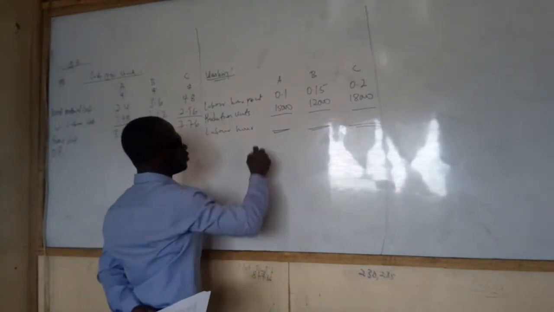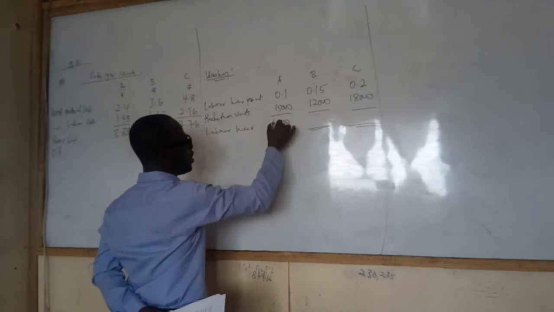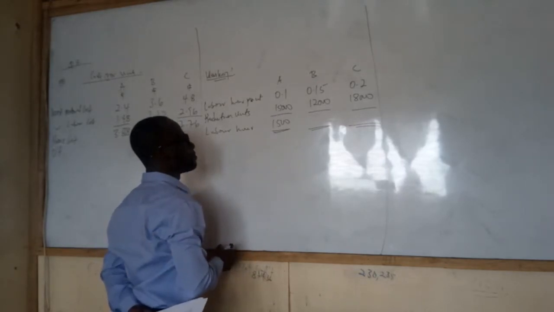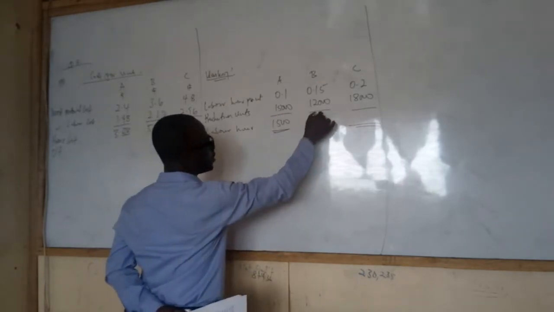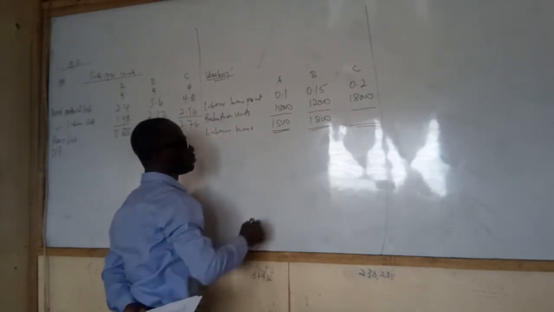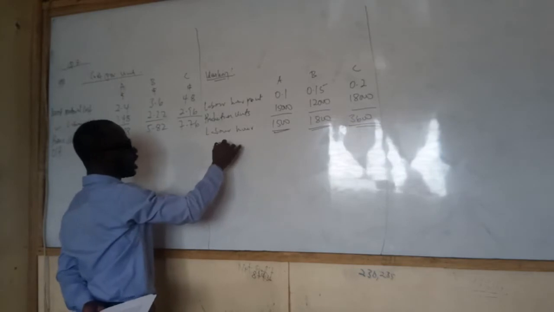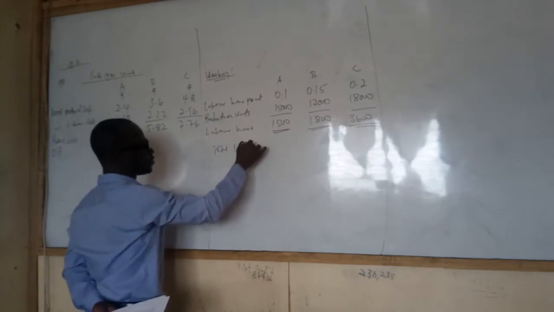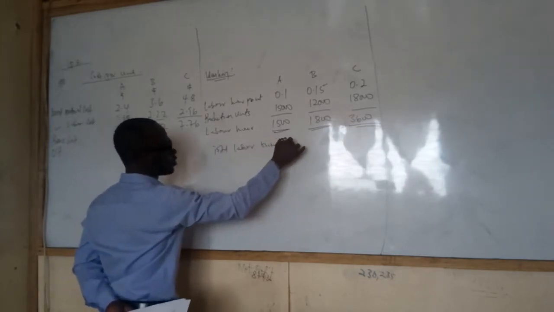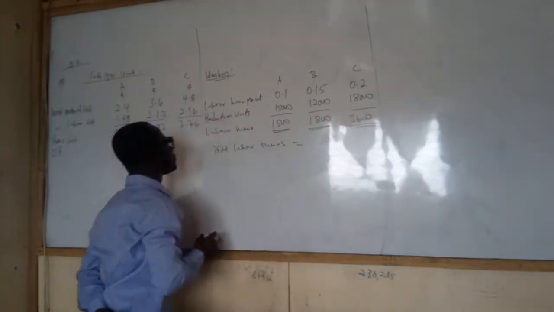For A is 1,500. B is 1,800. C is 3,600. So we add all to get a total labor hours. Add the 3 for me.